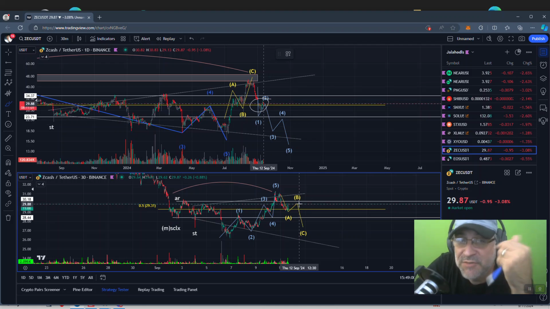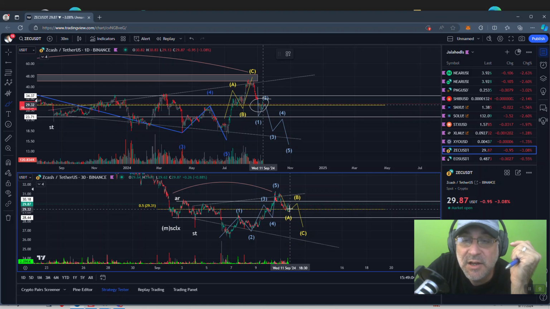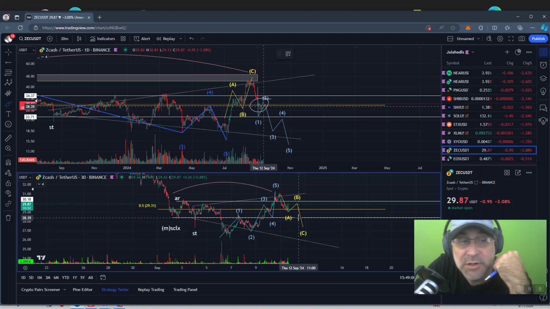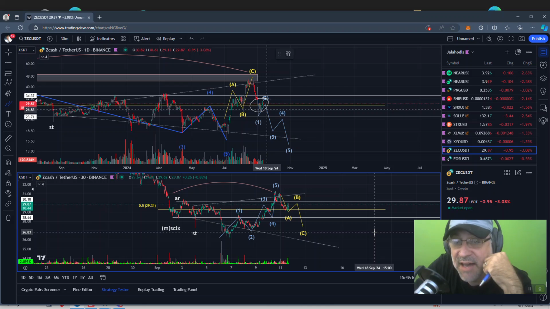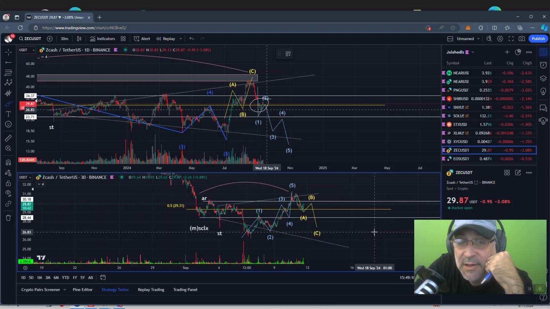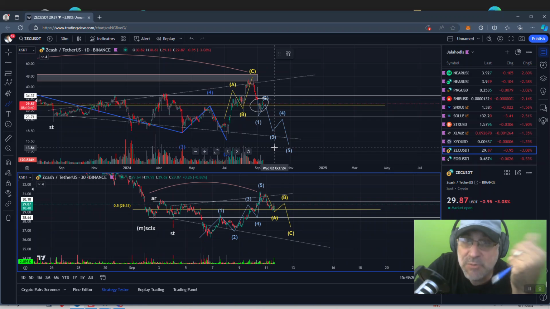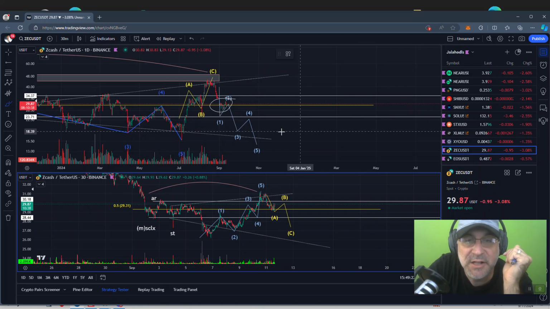If you didn't want to wait all the way down to 23, then let the micro play out, and another good buy-in could be $28.39. So about $1.50 down. You could get it $1.50 cheaper per Zcash. And then when it gets to that area, we'll wait and see how it's playing out with the volume metrics.